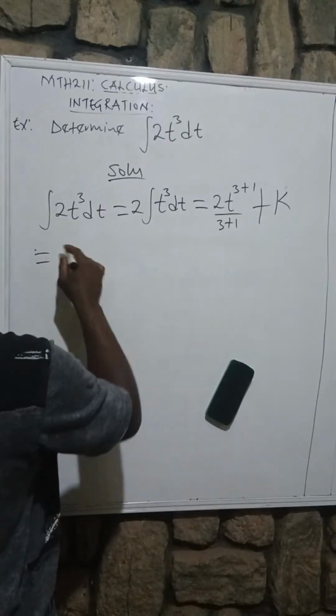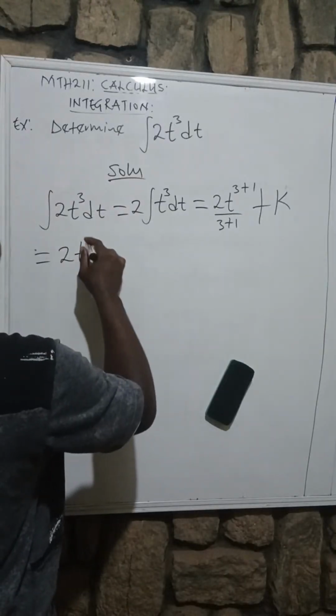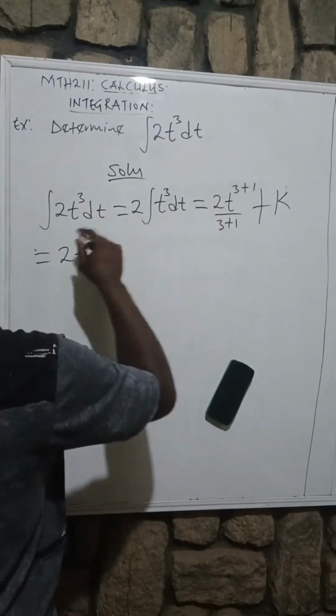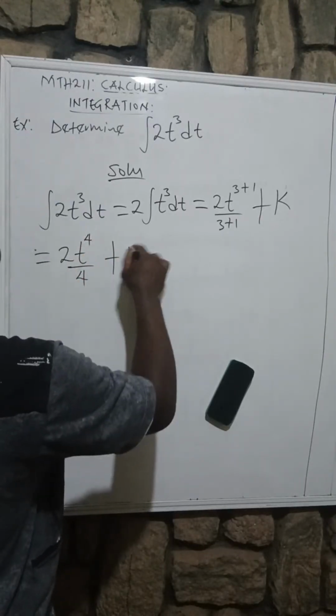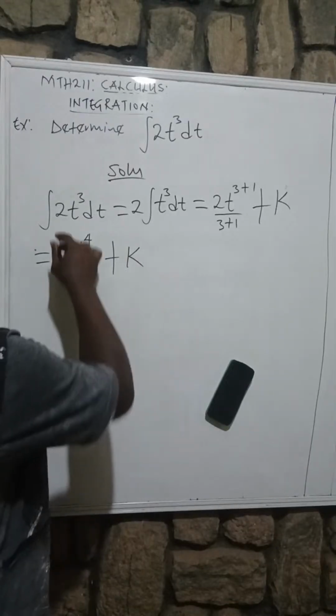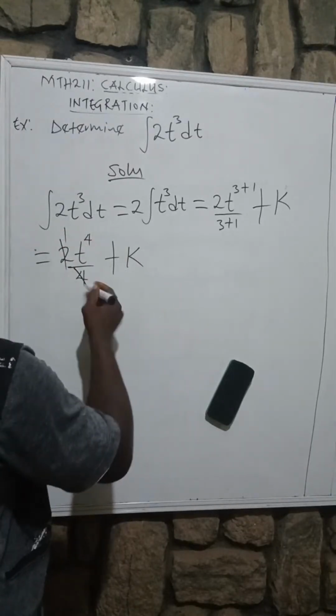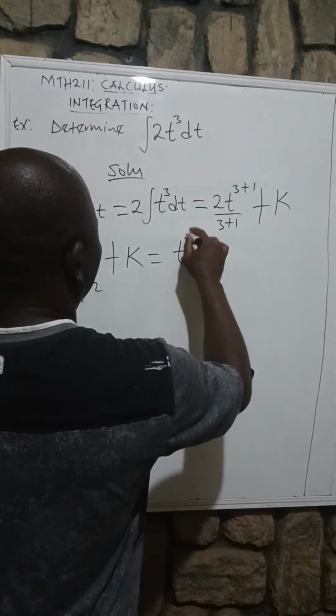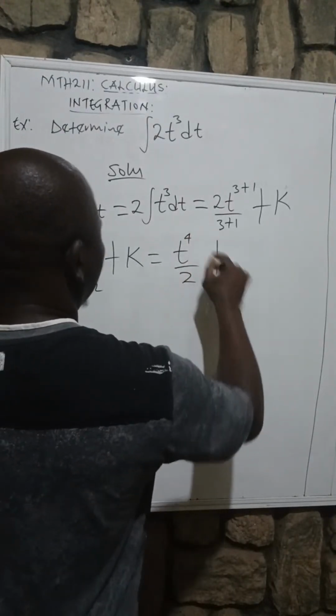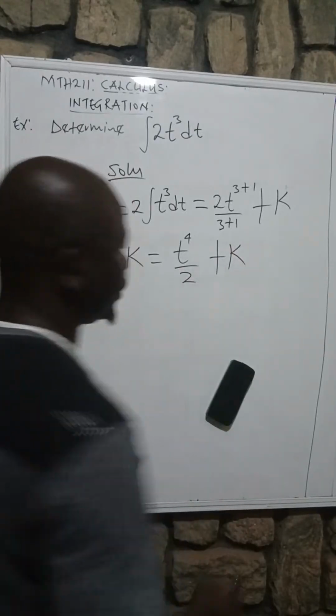Then this equals 2t raised to the power of 4 all over 4 plus the constant. But 2 can divide 4, giving 2. So this is the same thing as t raised to the power of 4 all over 2 plus any constant.